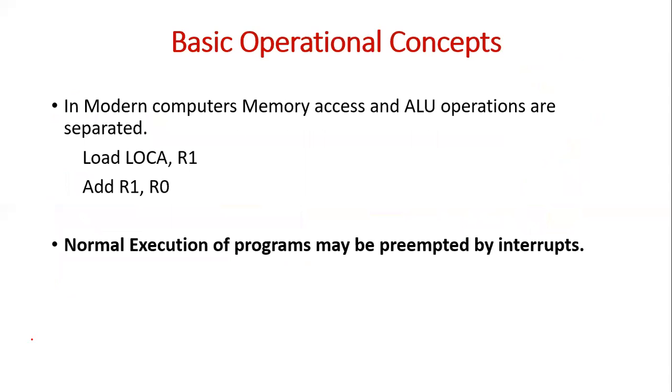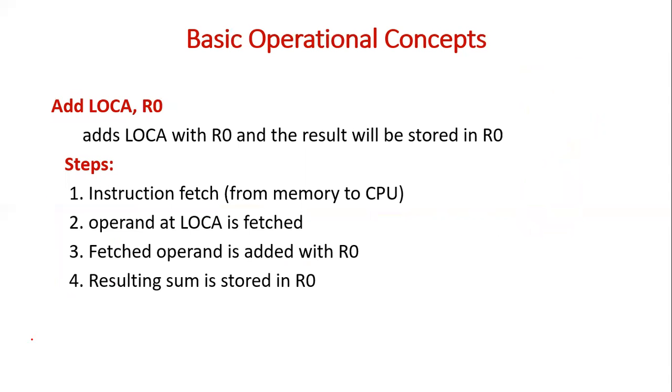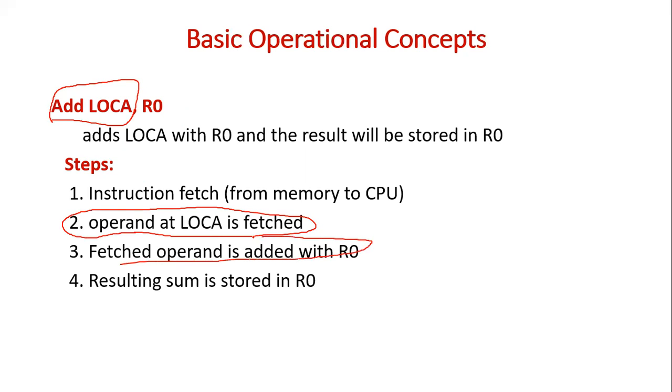Okay. But in modern computers, here you can see this single instruction actually combines 2 things. Memory load, that is loading data from the memory. The data operand at LOCA is fetched, meaning the data from some memory location is loaded. And then we are performing the arithmetic operation, that is we are adding that fetched data with R0.